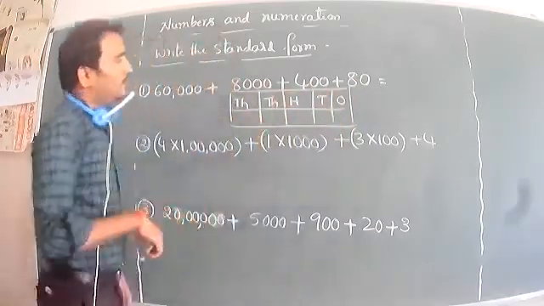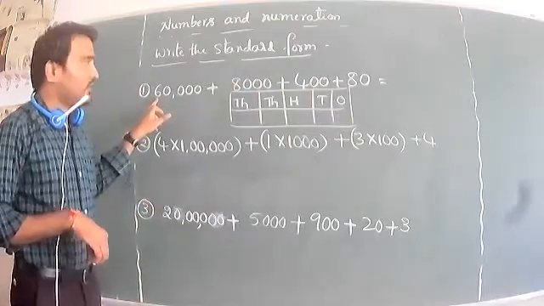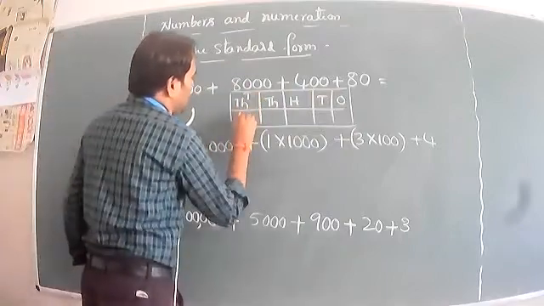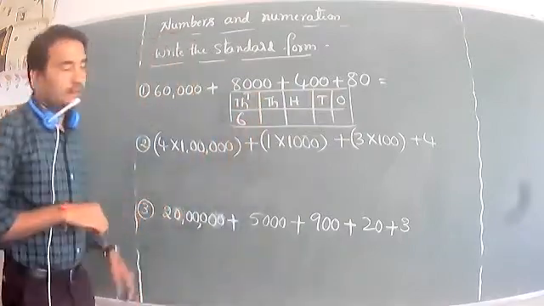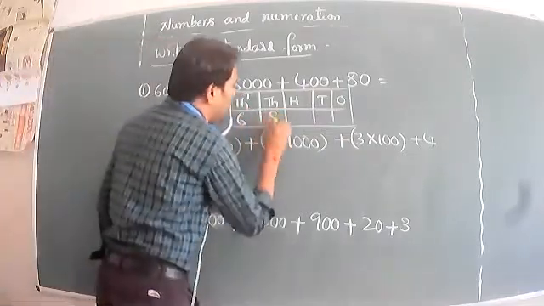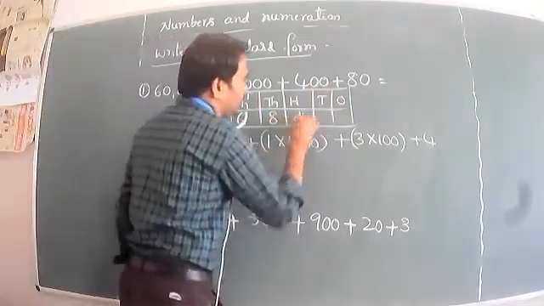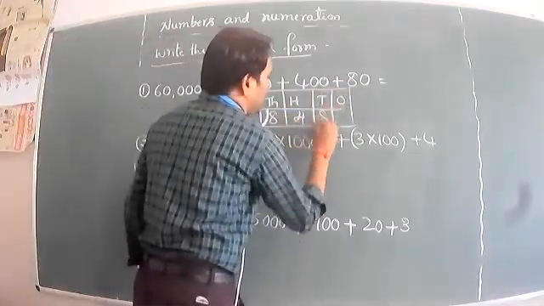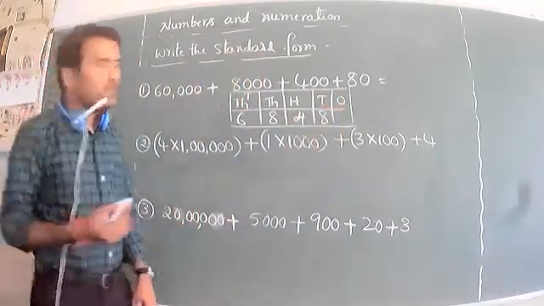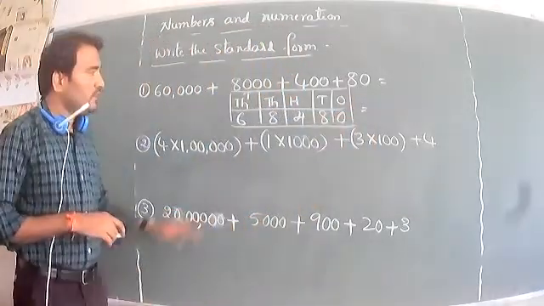Now 10,000, how much is there? 60,000. 60,000 means the 10,000 place has to be 6. Now go for 1,000, it is 8. Next 100, how much? 4, because 400. Tens place is 8. What about the ones place? It is not given, so we should write 0. So what is the short form of this number?